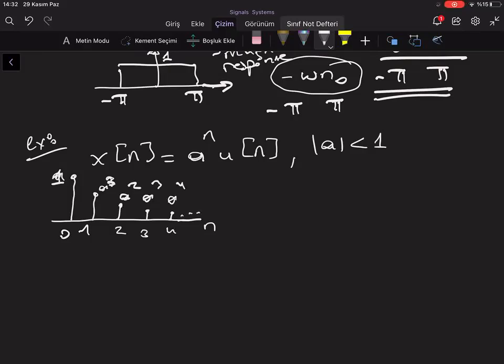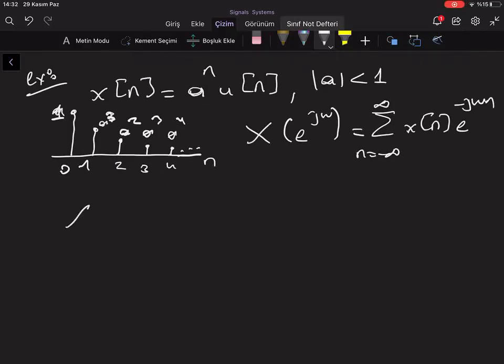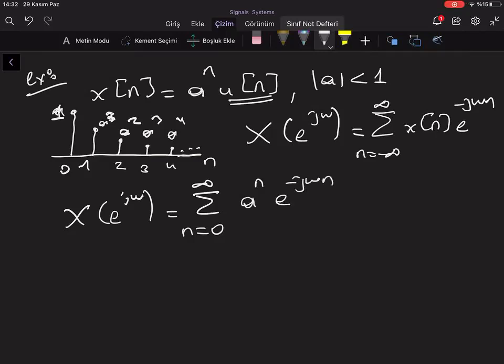So this is my function, and I would like to find out x e to the power j omega using the formula as such, with n from minus infinity to plus infinity. Then I'm going to write my x e to the j omega, and my n is going to be from 0 to infinity because this is u of n, and then I'm going to write a to the power n e to the power minus j omega n.